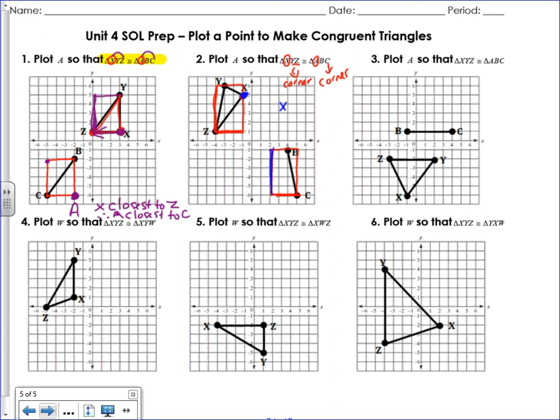X is closer to Y. So A should be closer to B based on this, X, Y, A, B. Okay, I see X is only 1 down from the corner, so I'm going to put A 1 down from the corner, so there is A. And that is where A would have to be congruent.